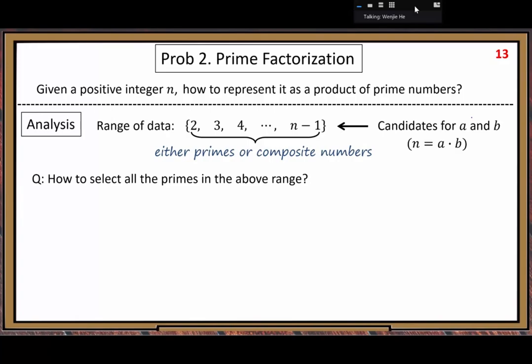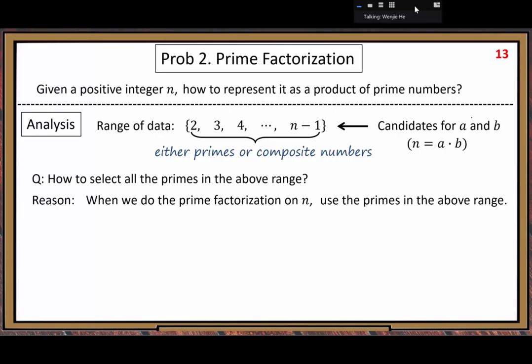That's the ancient Greek people, based on natural thinking and understanding. They can do the work when we do the prime factorization on n, using the primes in above. When we remove composite numbers, more and more primes stand out.